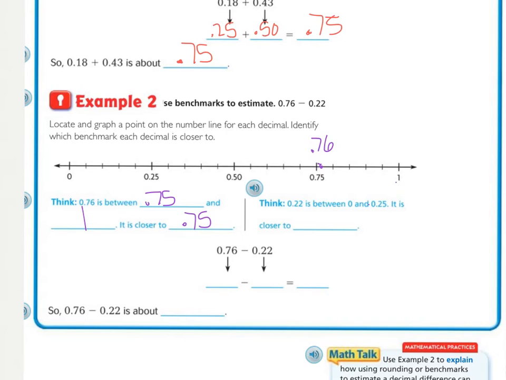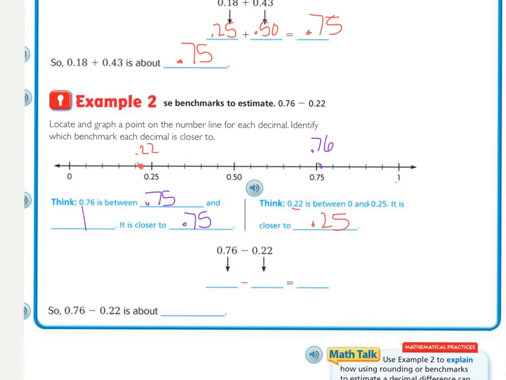And now 22 hundredths, that is between 0 and 25 hundredths, but if we count each tick mark by 5, 22 hundredths is going to be right here, which is closer to 25 hundredths.